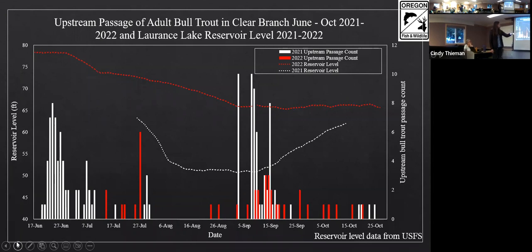So you can see, obviously, the reservoir was much lower in 2021 as compared to 2022, but our observations of fish passage upstream are relatively similar, with the bulk of upstream passage being late August through early September, which coincides with their spawn timing.